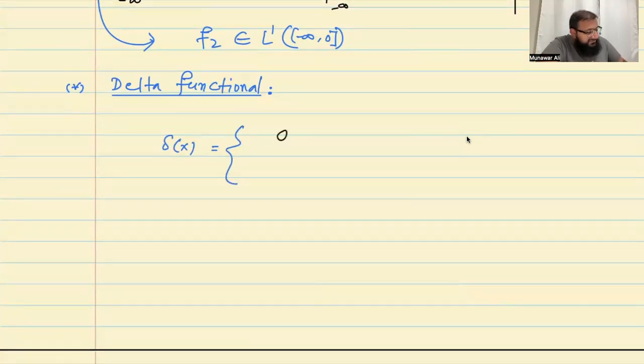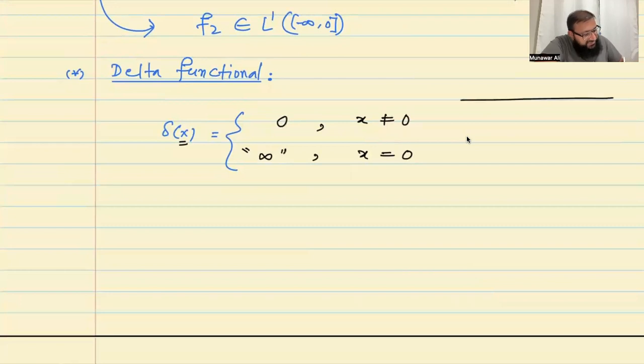This takes value 0 or infinity. When x is not equal to 0, this is 0. And when x is equal to 0, this function takes value "infinity", or it's not defined there. I'm putting quotation marks because we cannot say what an infinity is.